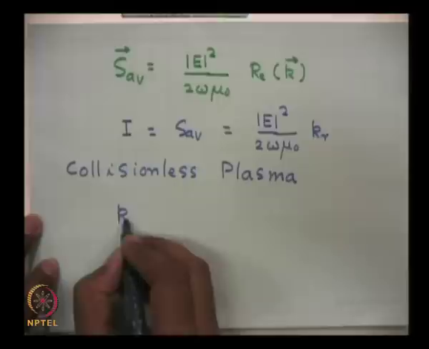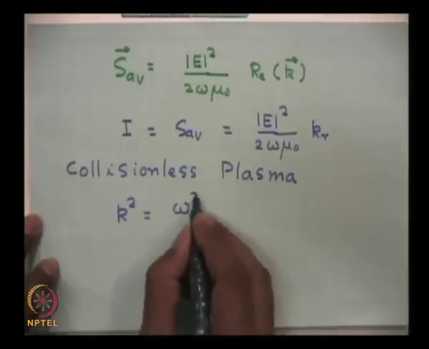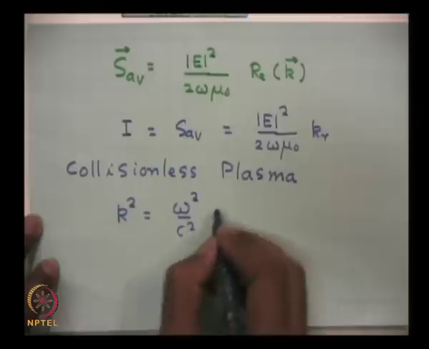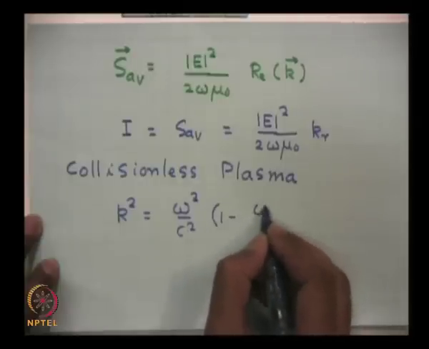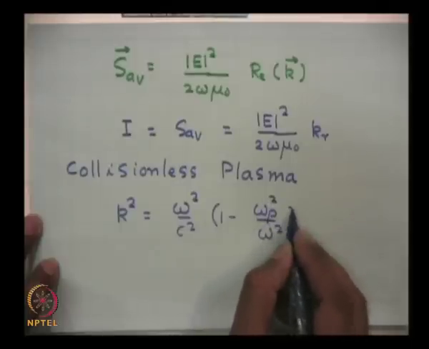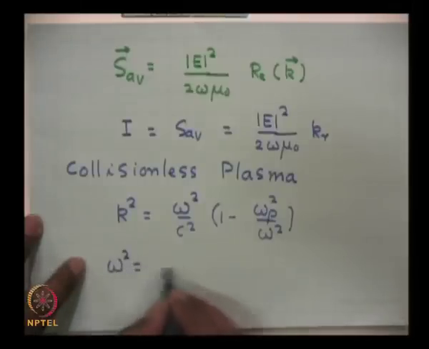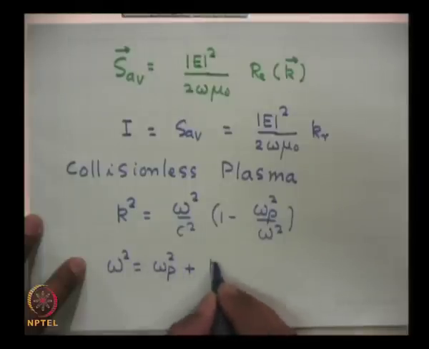K square is equal to omega square by C square into 1 minus omega p square over omega square. This can also be written as omega square is equal to omega p square plus k square c square.